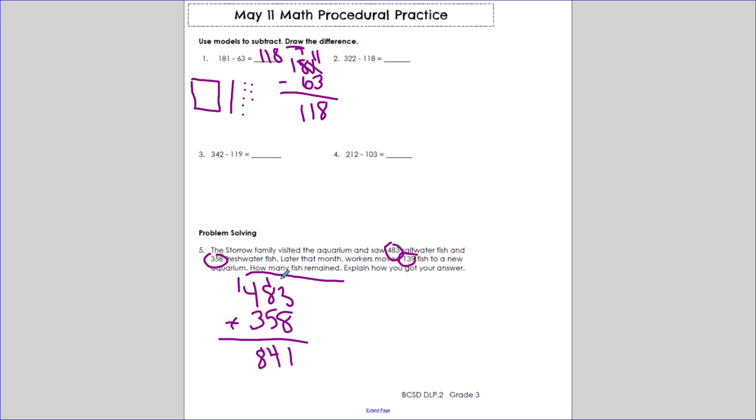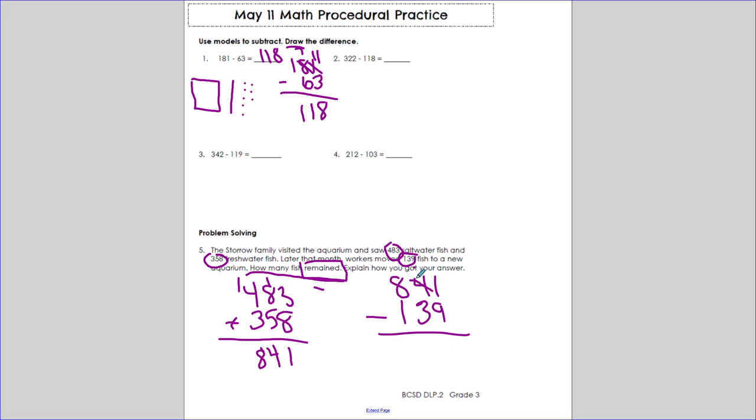My question was, how many fish are left once they moved out 139? So that remaining, I'm looking for a difference. So I'm going to do some subtraction again. So 841 minus 139. All right, so 1 minus 9, can't do it. My bigger number is on bottom, so I'm going to my neighbor.